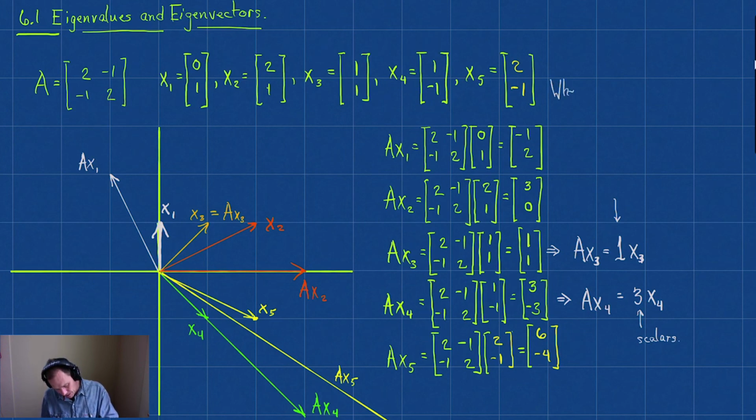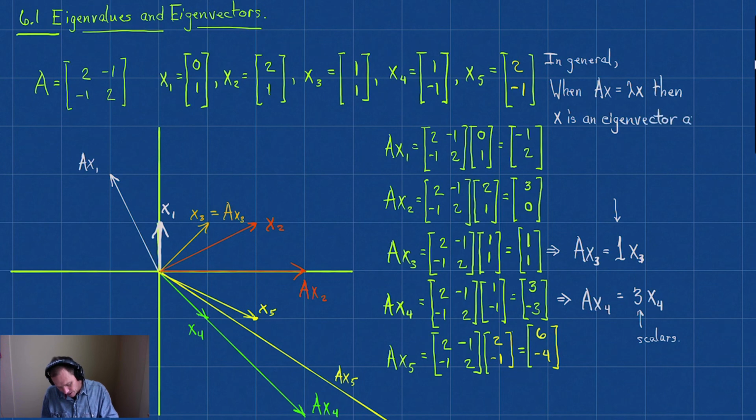In general, when ax equals lambda x, that is, when a times x equals the same x times a scalar, then x is an eigenvector, and lambda is an eigenvalue.